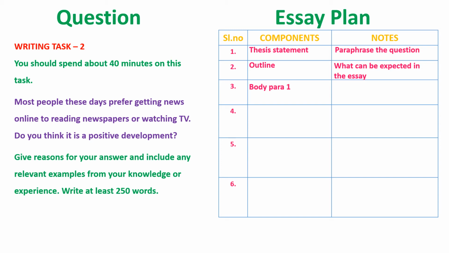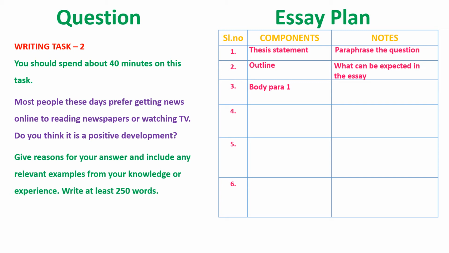The third component of the essay is the body paragraphs. Since we are supposed to tell if it is a positive or negative development, whichever side you're going to write, you must write two paragraphs supporting the option which you choose and one paragraph supporting the other option. So, in this essay, I'm going to support the given statement as a positive development.